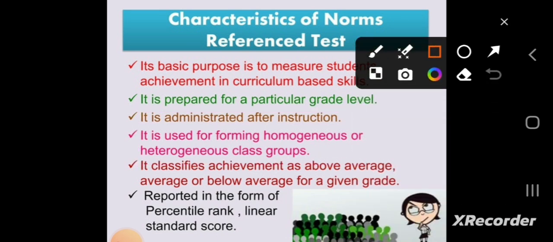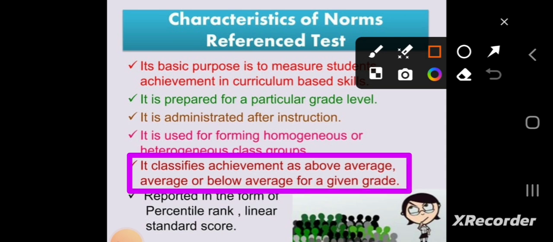Classification of achievement. Students are classified based on their performance compared to the norm group as above average, average or below average. This helps in identifying where students stand in relation to their peers.